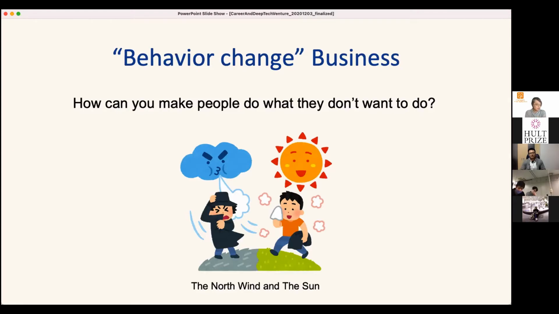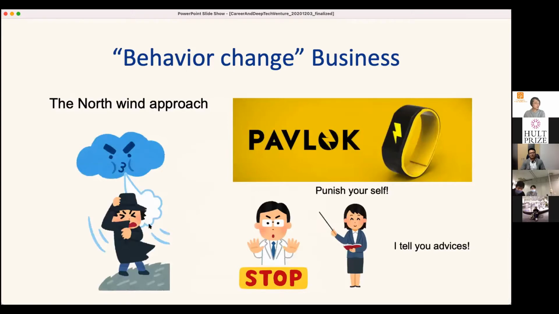There are two different approaches. One is the North Wind approach, and the other is the Sun approach. Probably you have read the children's book called The North Wind and the Sun. The North Wind approach is to punish your client and make them do something. This is a very funny example: the Pavlok, a wearable for people to not eat sweets or potato chips.